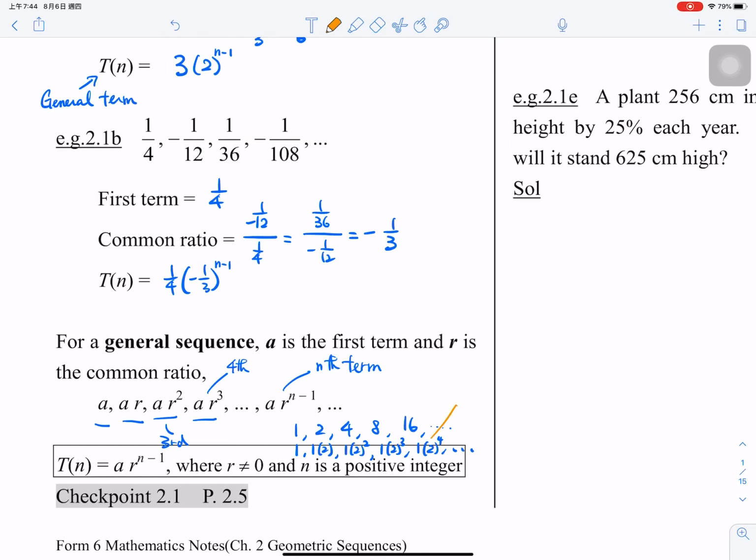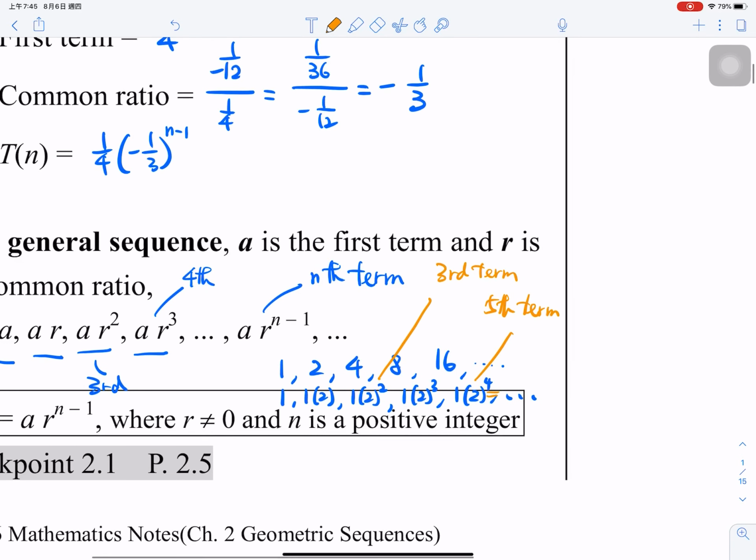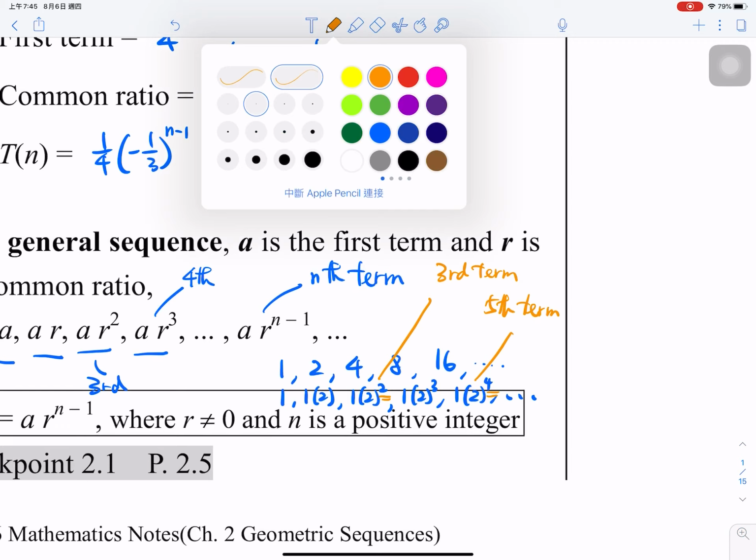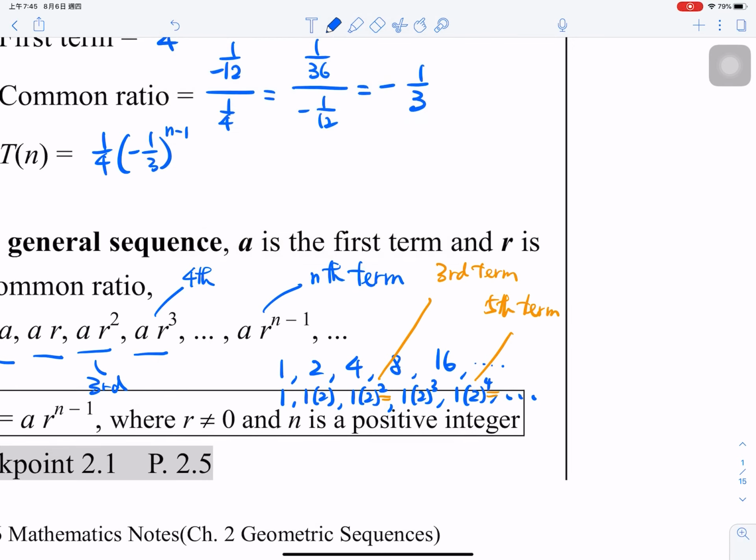This one is the fifth term, and you found that the power is here. This one is the third term, and the power is here. So for this one, the nth term is 1 times 2 to the power n minus 1.